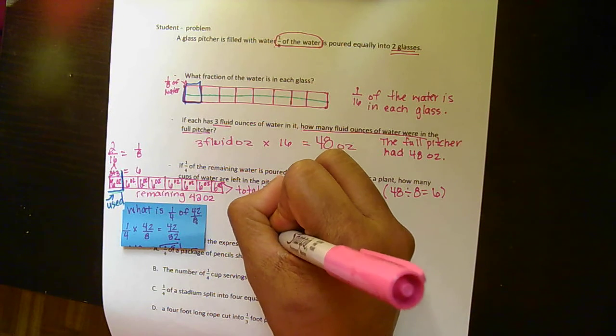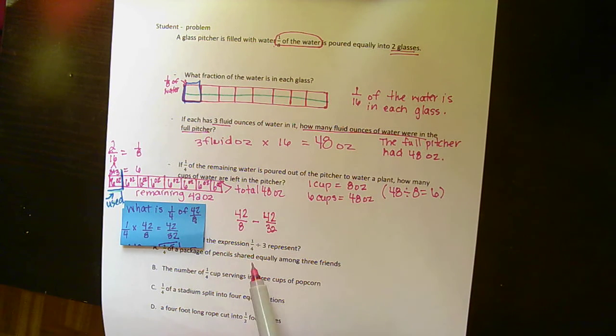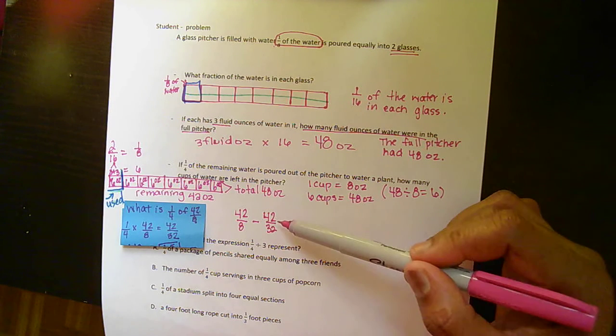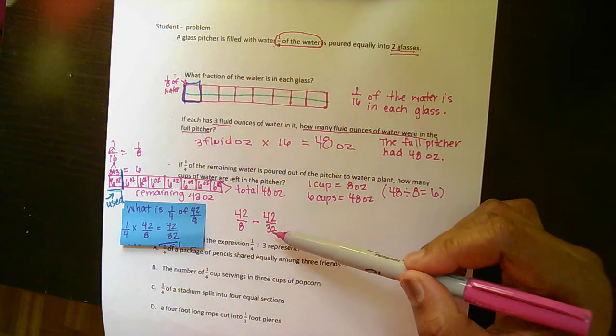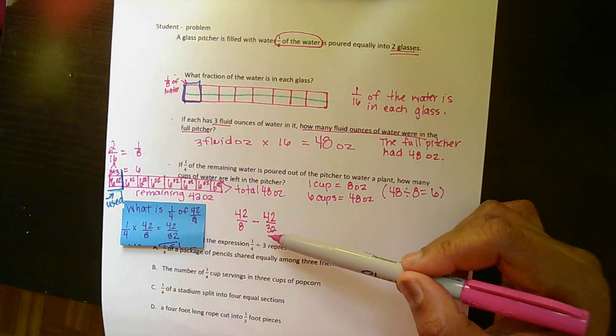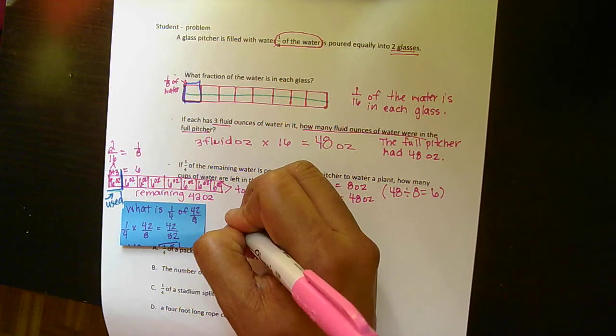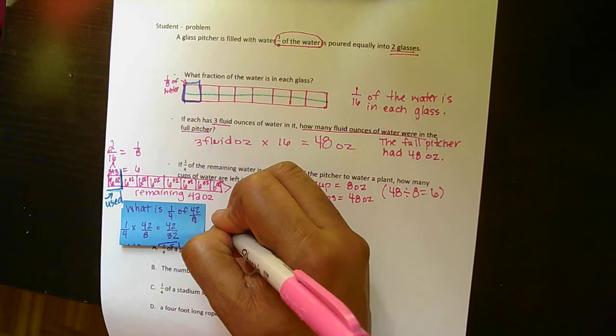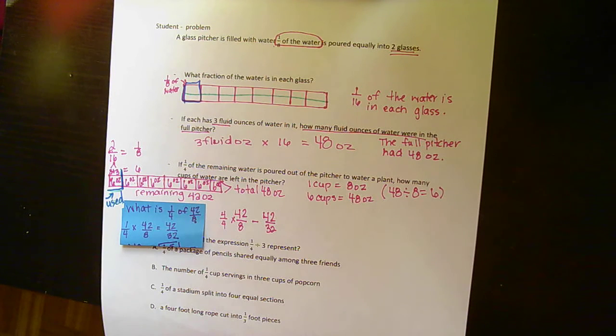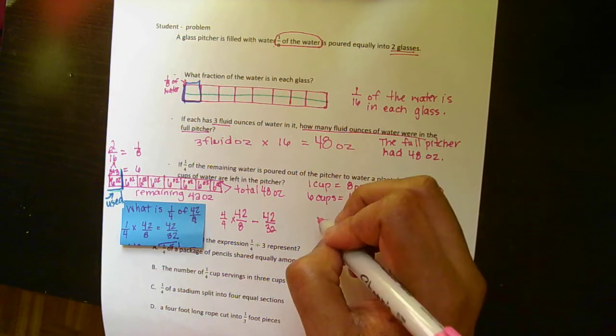I have to subtract. But now I notice that my denominators are not the same, and I need to make equivalent fractions. So I'm just going to multiply this fraction by 4/4, right? So that I can have equivalent fractions. So I'm going to rewrite it here.